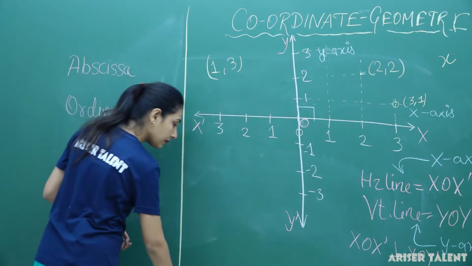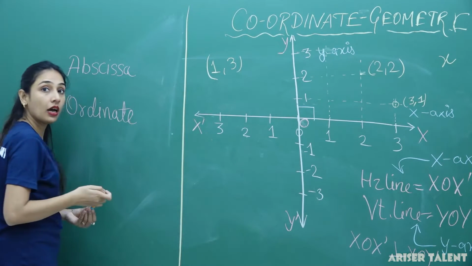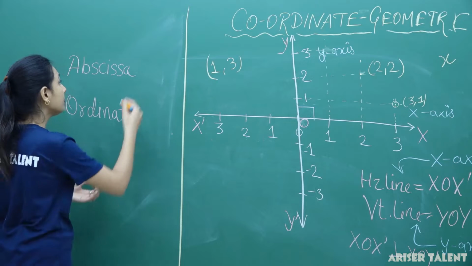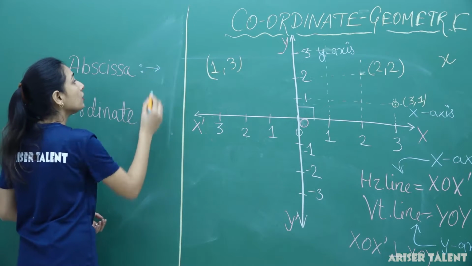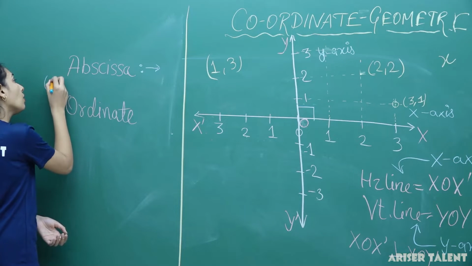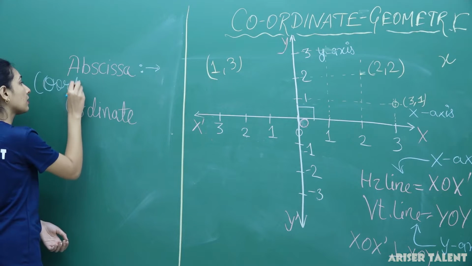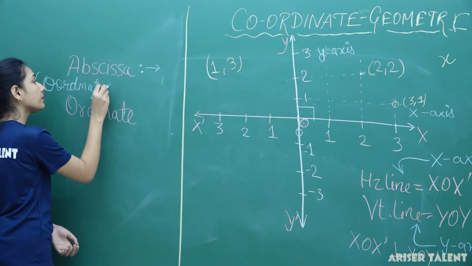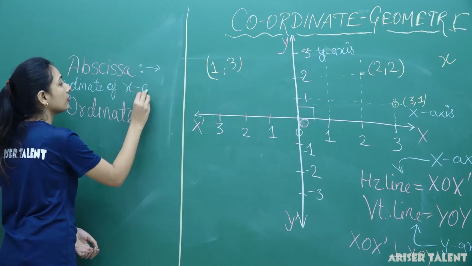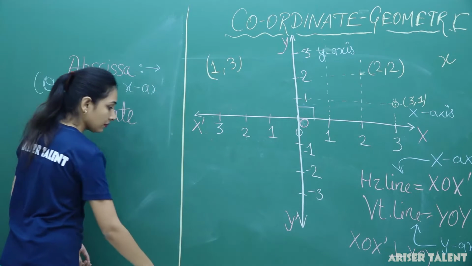What are these? If I talk about abscissa, so abscissa is nothing but the coordinate of x-axis. Very good.